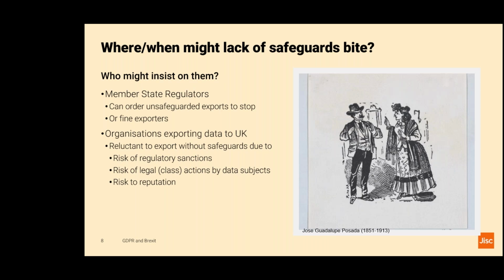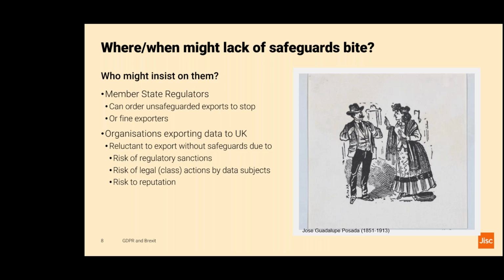Under the GDPR, data subjects can make class actions in law, not just individual complaints. So potentially there are quite big costs there if you get it wrong. But actually I suspect the quickest effect will be a risk to reputation if they are seen as handling their personal data in an unsafe way by sending it to the UK.